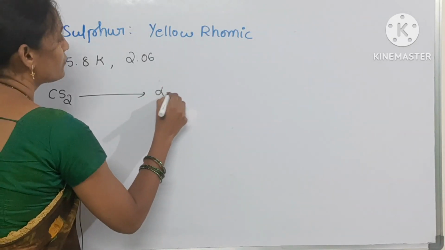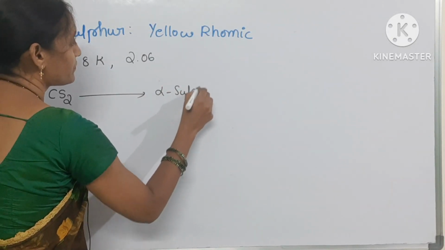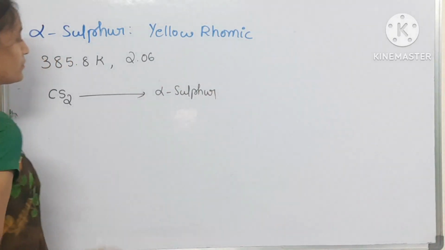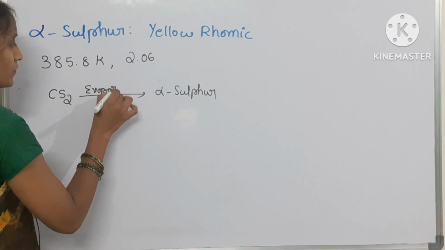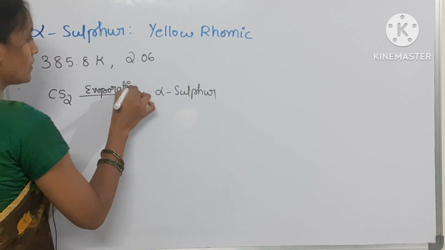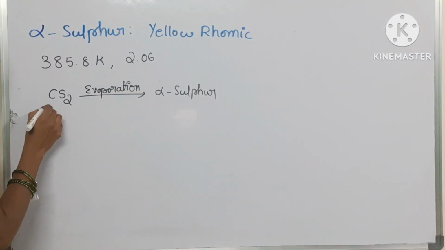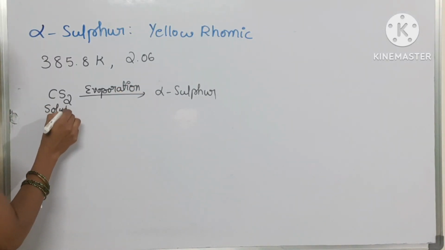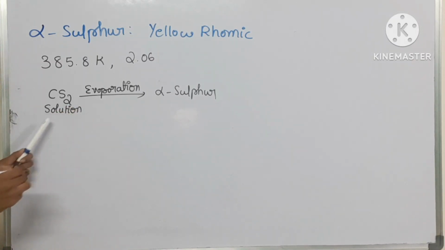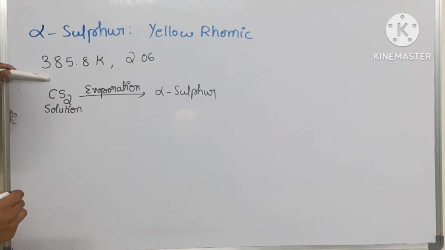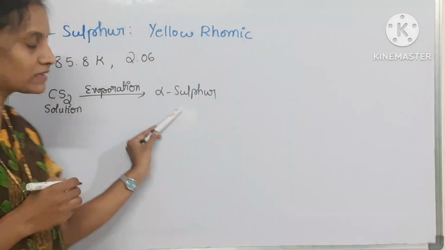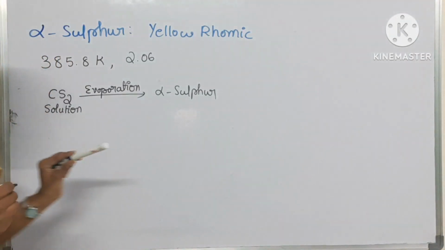Then alpha sulfur will form. Here in this carbon disulfide solution, sulfur is present in the form of rolling sulfur. That will be evaporated, and then alpha sulfur will be formed.